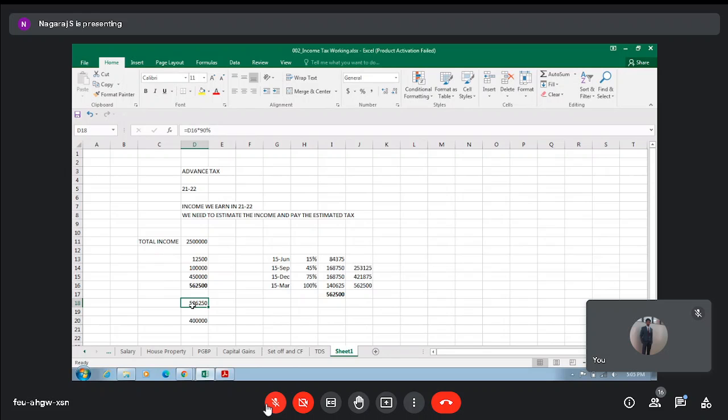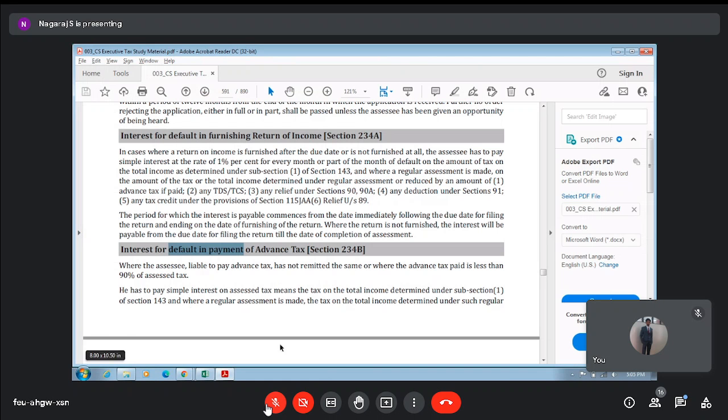In the first case, no advance tax has been paid. Then 1% of the tax payable applies from the start of the assessment year till the day you pay the tax.